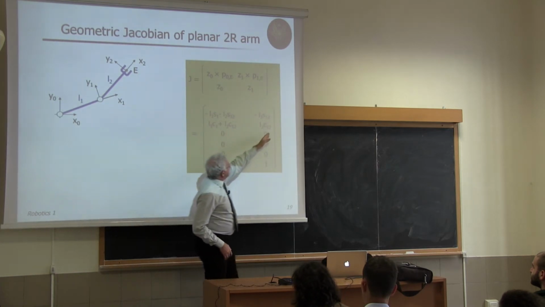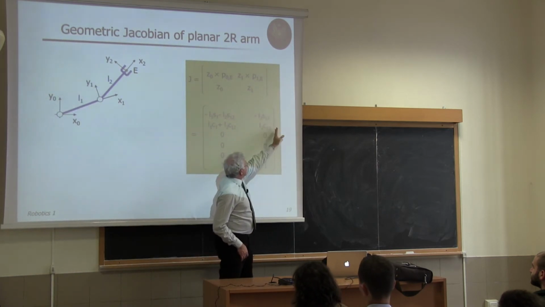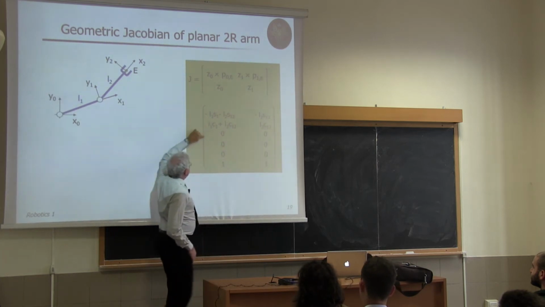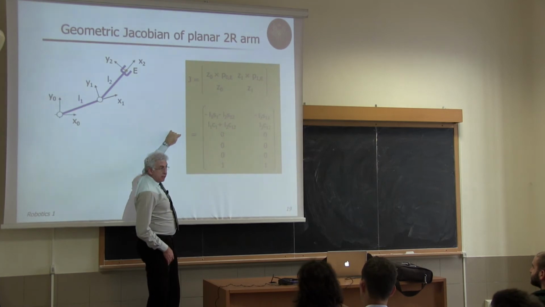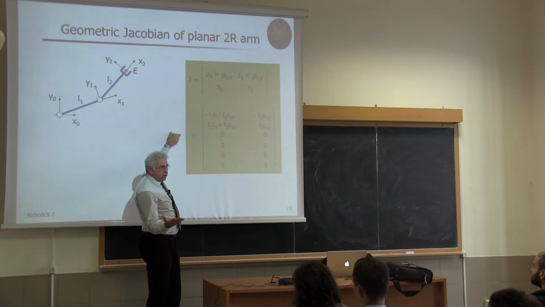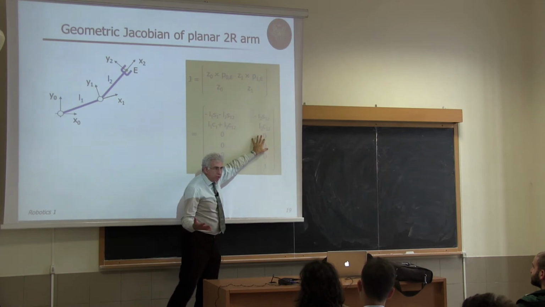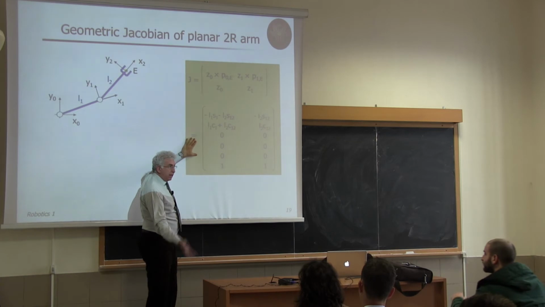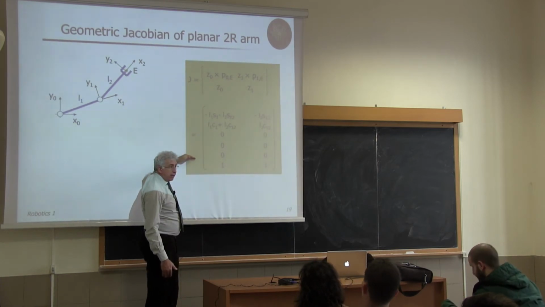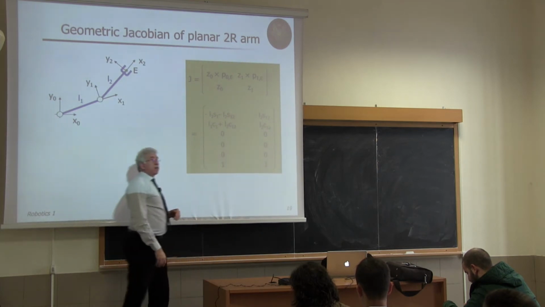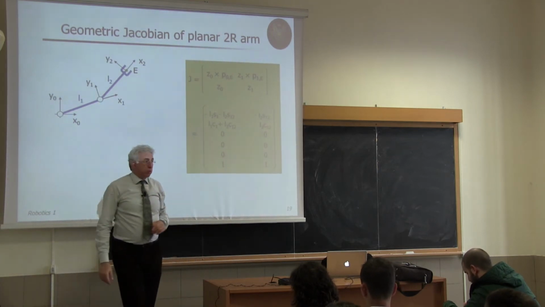Because no matter what the velocity of joint 1 and joint 2 will be, this will be multiplied by q dot, the third component gives the v_z, so the linear velocity out of the plane, and the robot cannot have this velocity. So this is 0, not unexpected. Similarly, I cannot rotate out of the plane, so omega_x and omega_y should always be 0. So in fact, this is 0 no matter what are q1 dot and q2 dot.